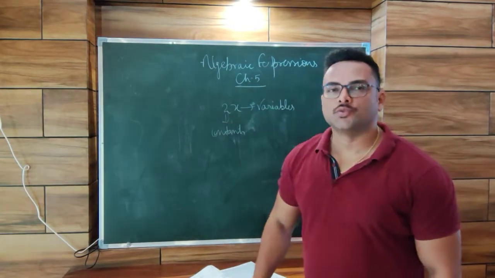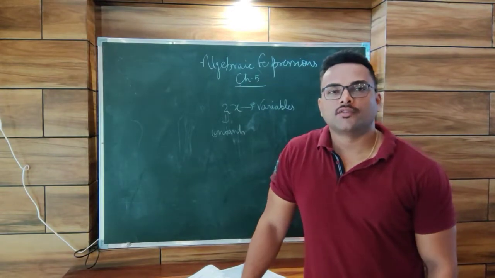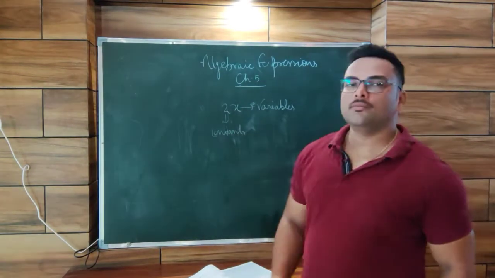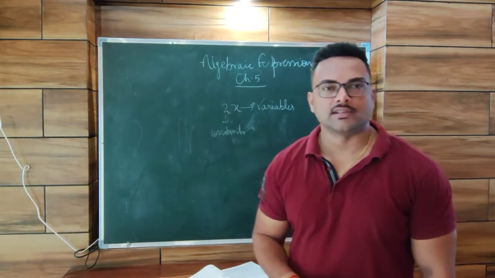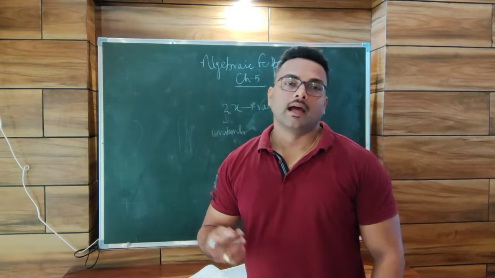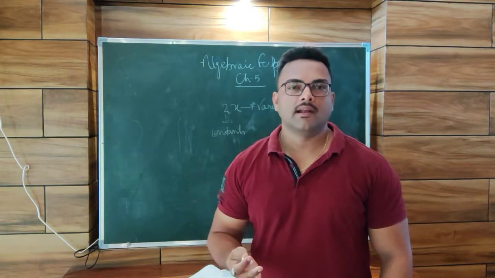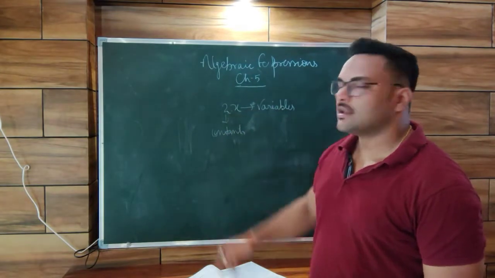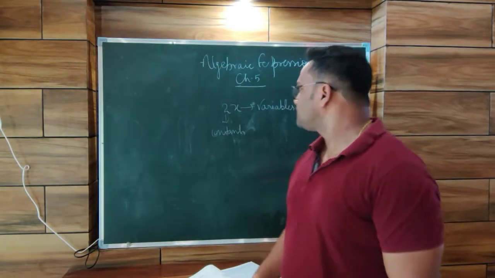Because 2 is always 2. The value of 2 is always fixed. It does not change. But the x value may vary from equation to equation. As you solve the equation, you will get the value of x, and it may be different if the equations are different. So they are called variables and the numbers are called constants.